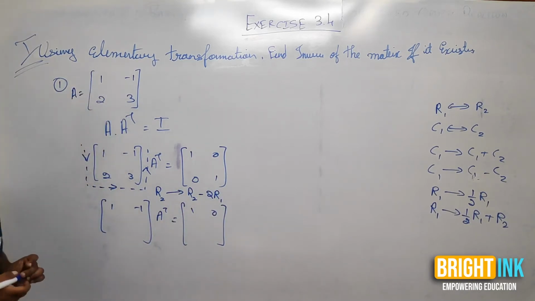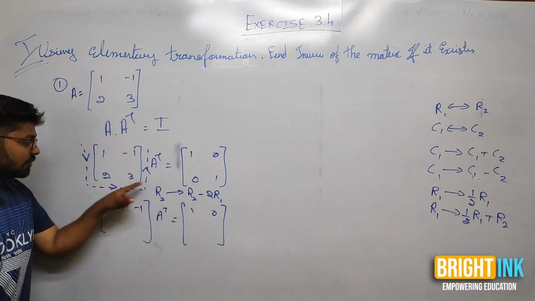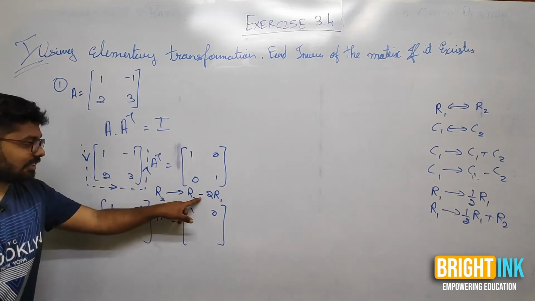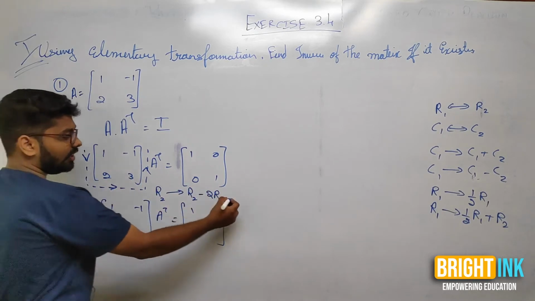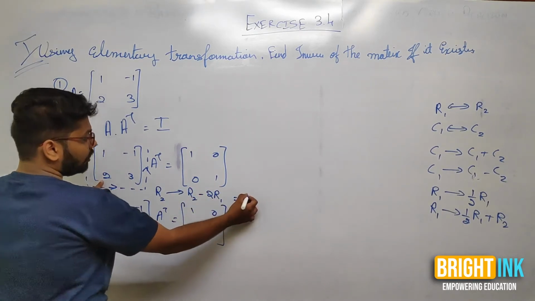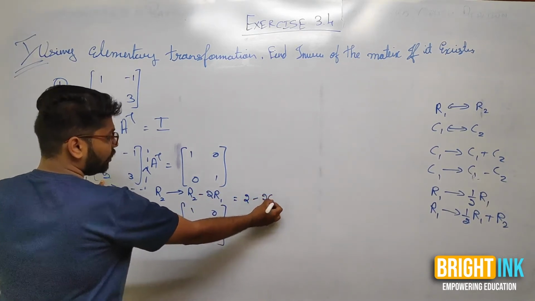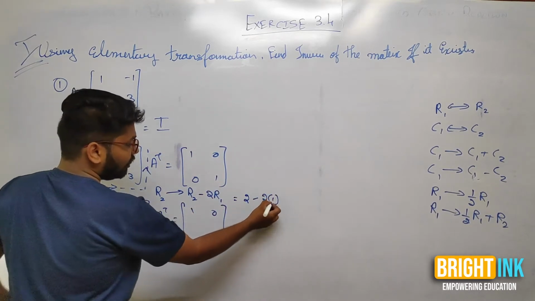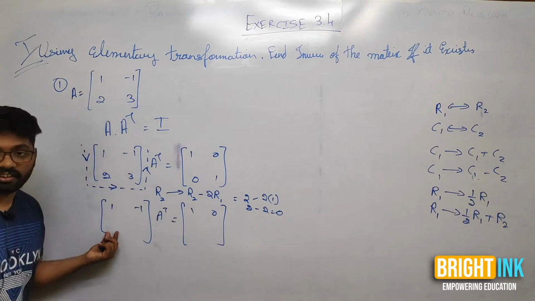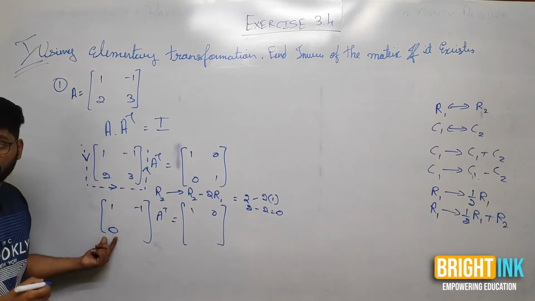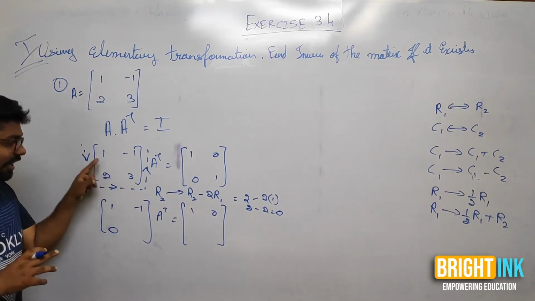Why did I do this? R2 is 2, minus 2 times R1, which is 1. So 2 minus 2 gives 0. Did I get 0 here? Yes. So this one is done.